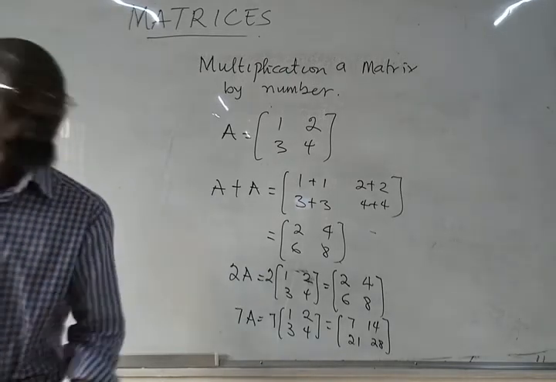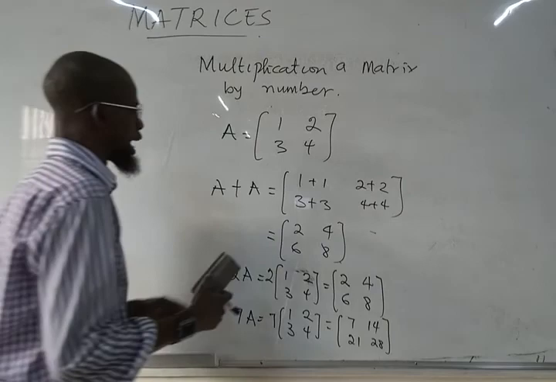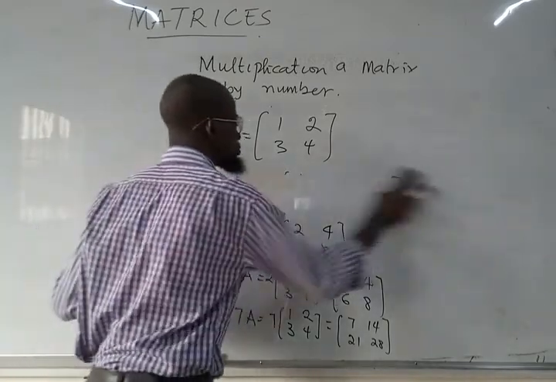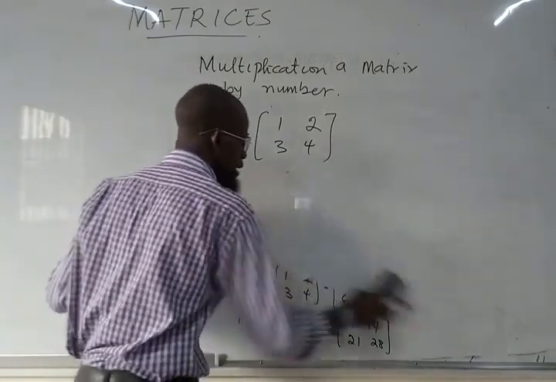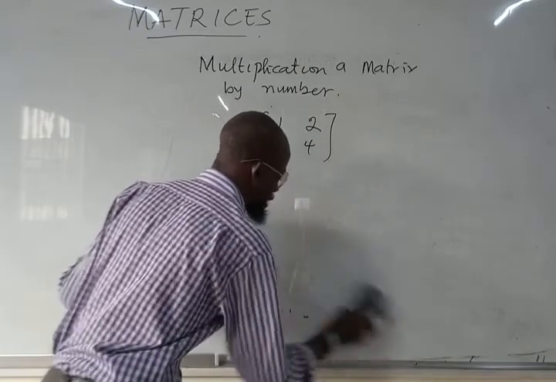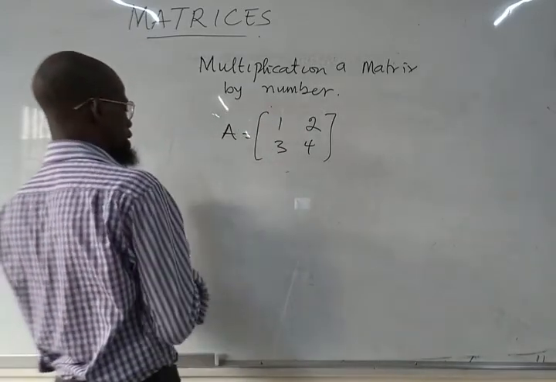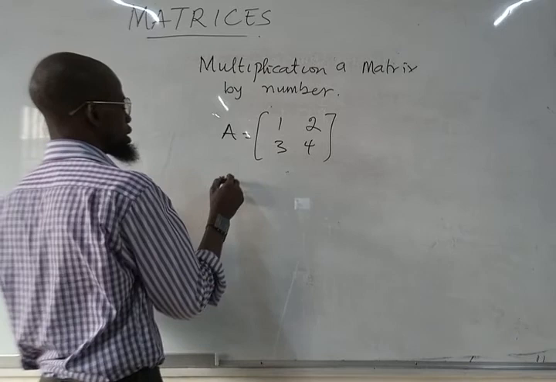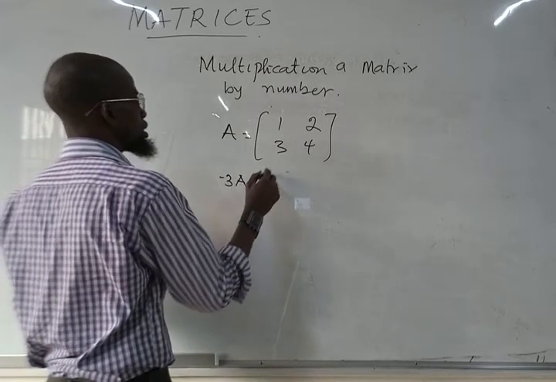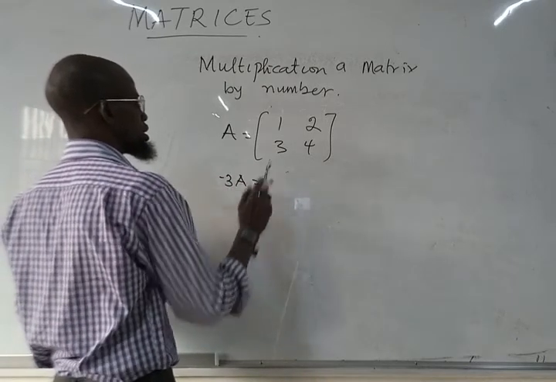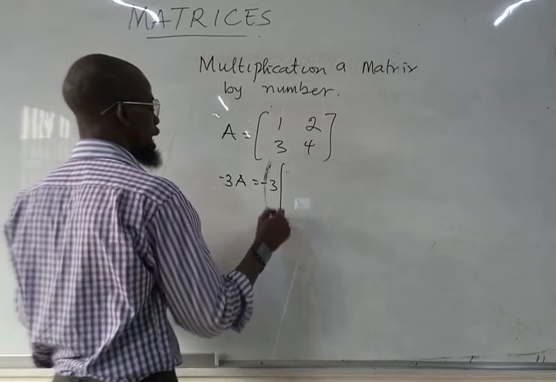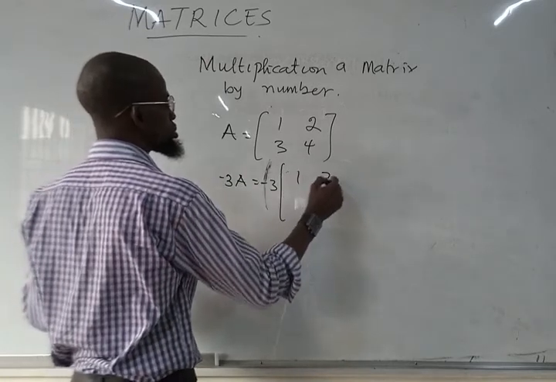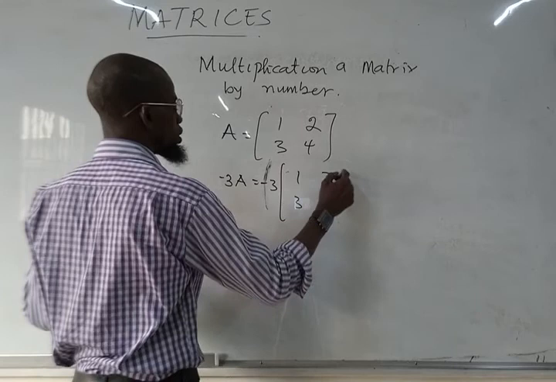I can have another one if my constant is minus 3. It's still the same way, that is minus 3A will give me minus 3 outside, then 1, 2, 3, 4.